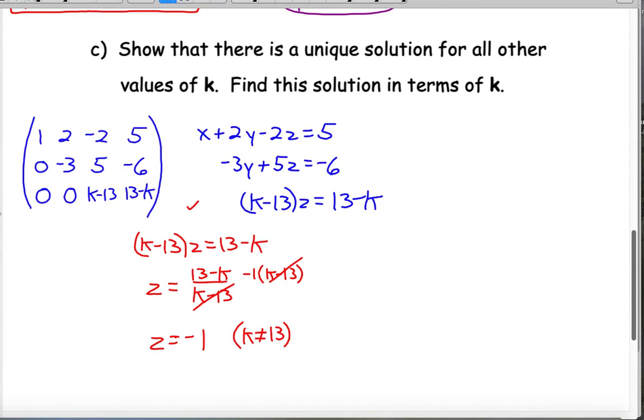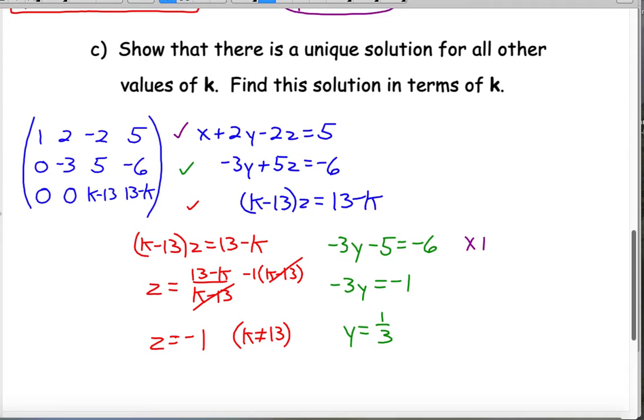So now we'll work on the second equation to solve for y. Negative 3y. If I plug in negative 1 for z, I'll get minus 5 equals negative 6. So negative 3y equals negative 1. So y is equal to positive 1/3. And then I will use those values for z and y in the first equation to solve for x.